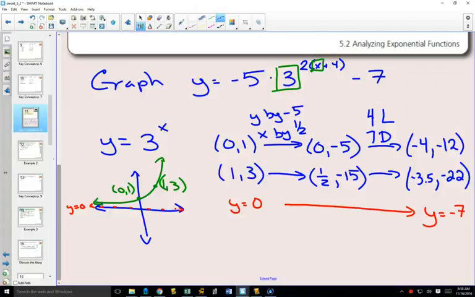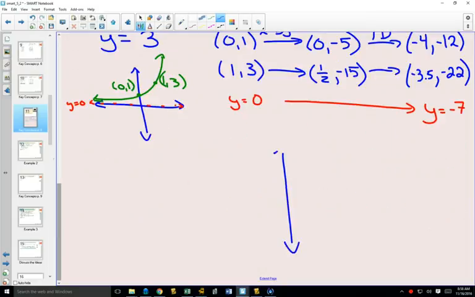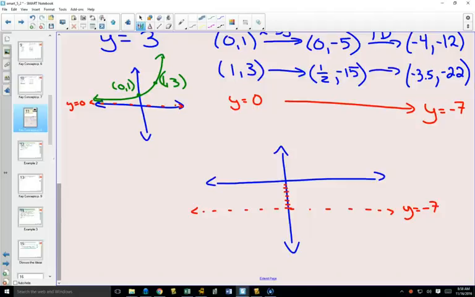Once you have your asymptote and those 2 points, you're going to be able to graph it. So start with your asymptote, y equals -7. Plot your 2 points. So we have (-4, -12) and (-3.5, -22).